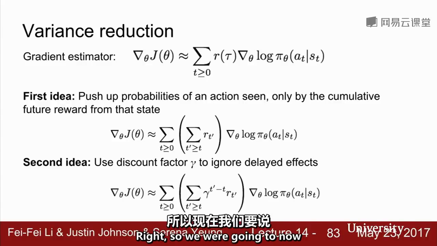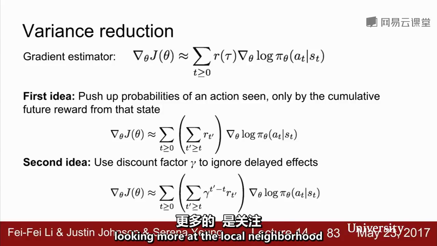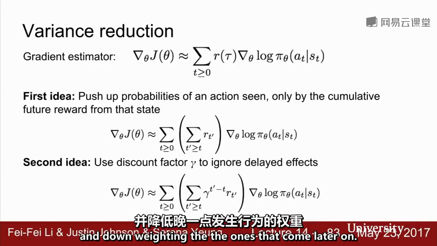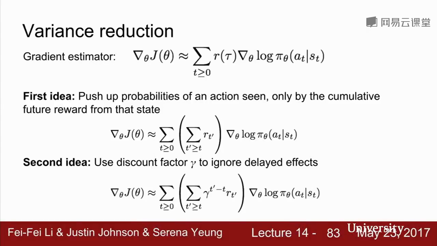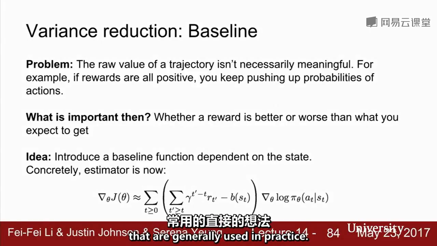So we're now saying how good or bad an action is by looking more at the local neighborhood of rewards that it generates in the immediate near future, and downweighting the ones that come later on. These are some straightforward ideas that are generally used in practice.